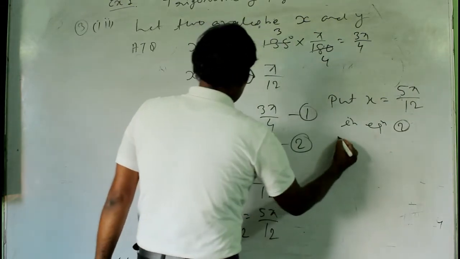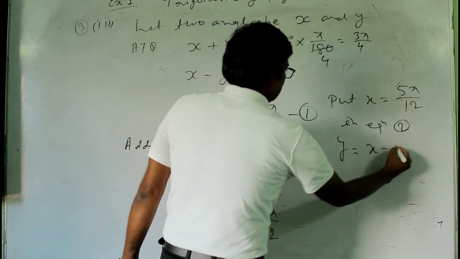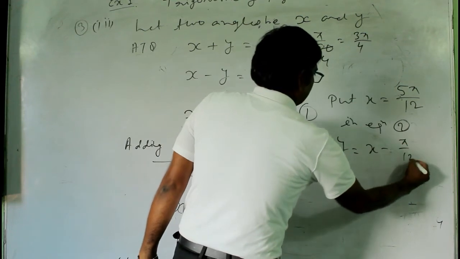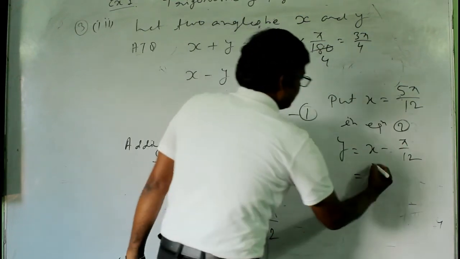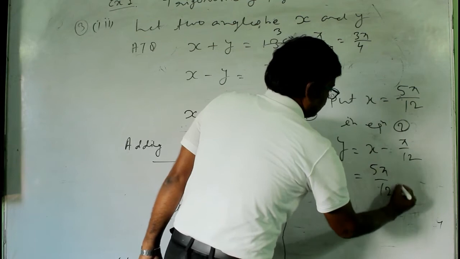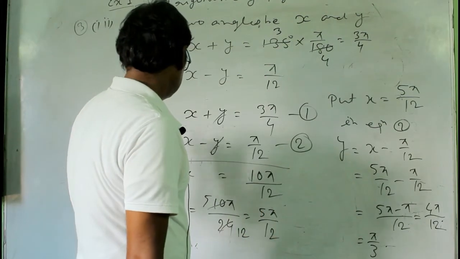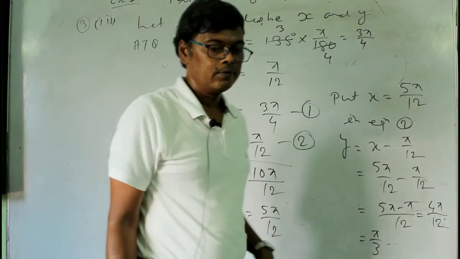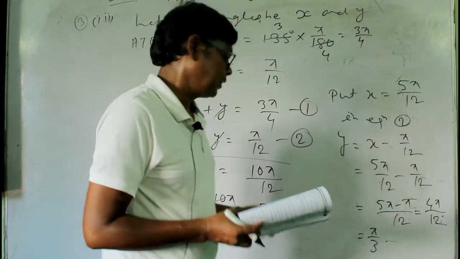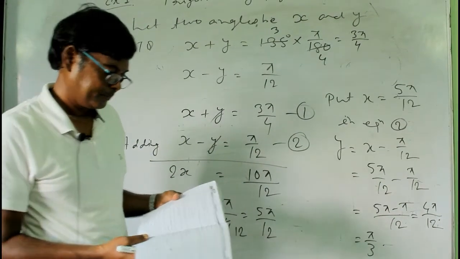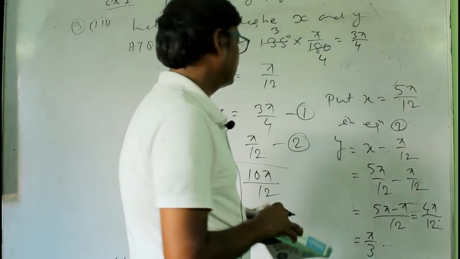So you have y equal to x minus pi by 12, that is 5 pi by 12 minus pi by 12. So the two angles are 5 pi by 12 and pi by 3. Okay, this is the answer of this question. 5 pi by 12 and pi by 3 radians.